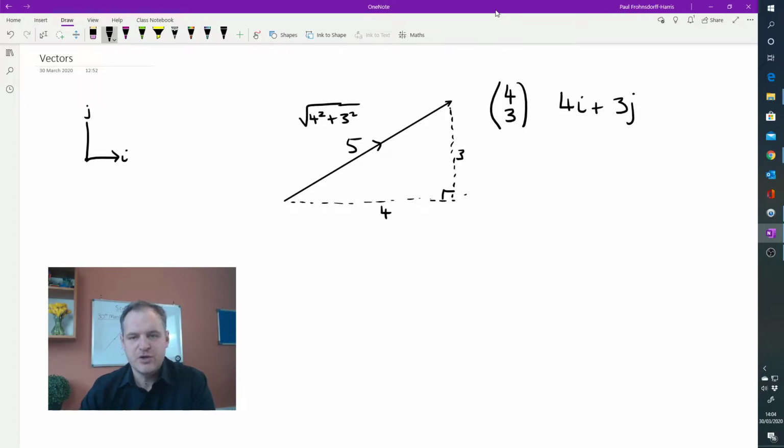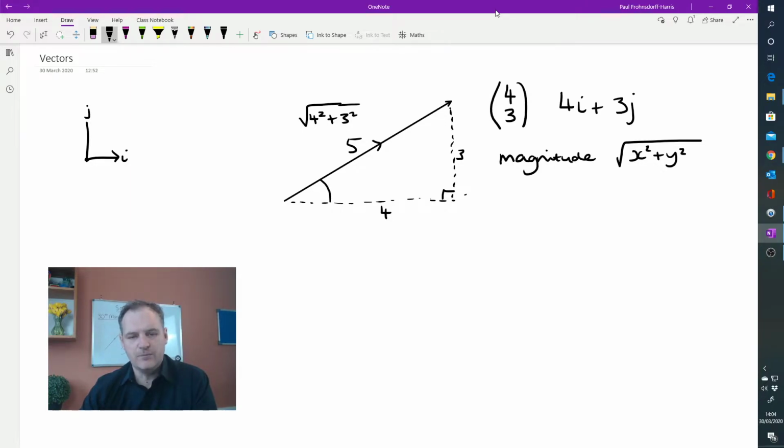In fact, to find the magnitude of any vector, you're going to do the square root of x squared plus y squared. The numbers from the vector itself, squared, added together and square rooted, give you its magnitude. We can also find the angle from here.